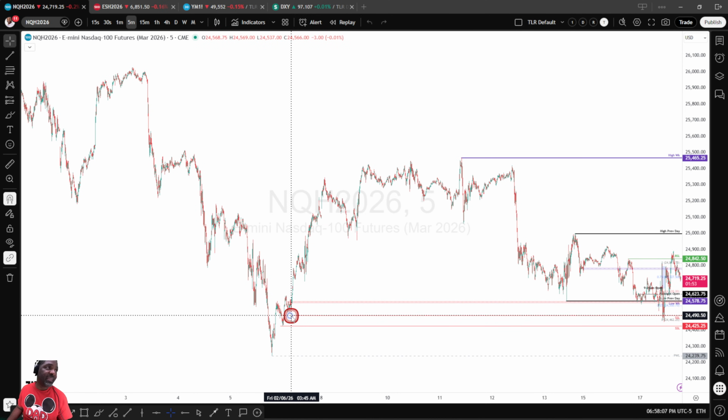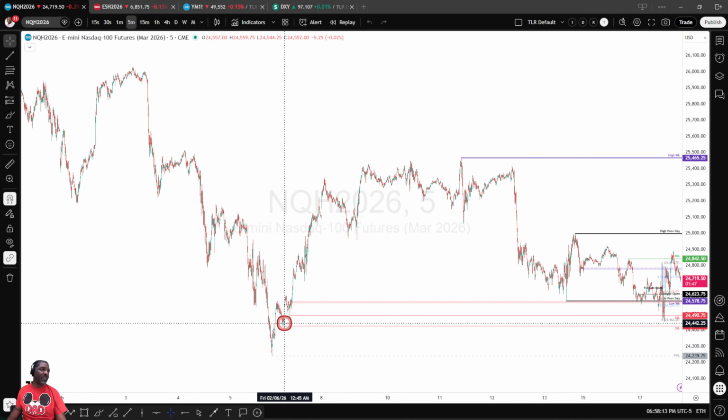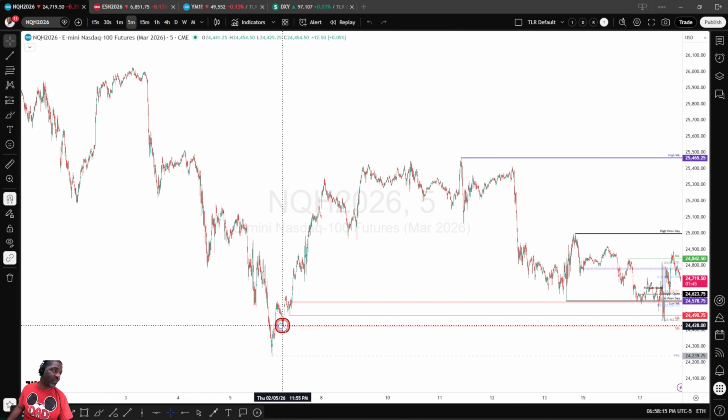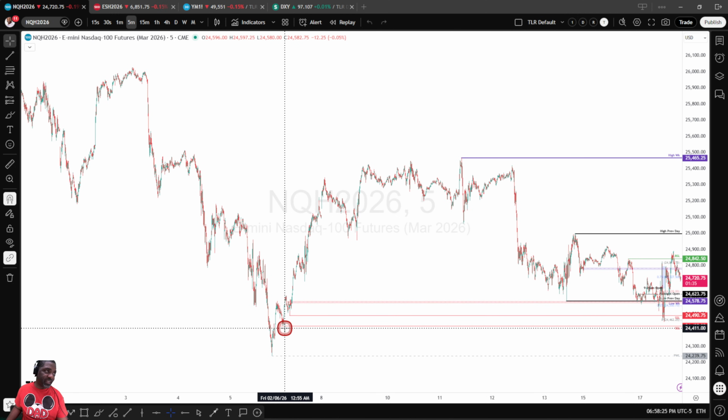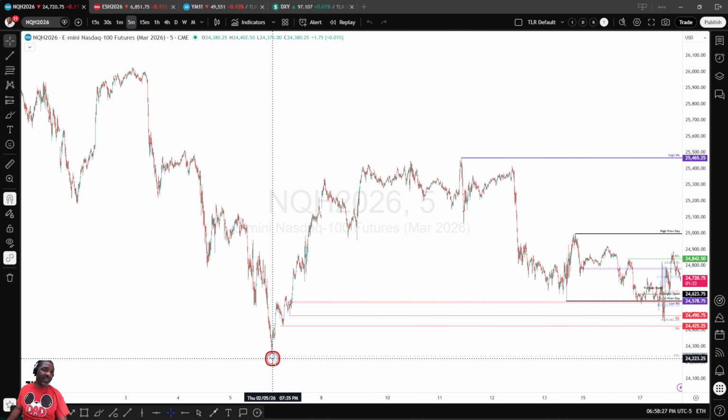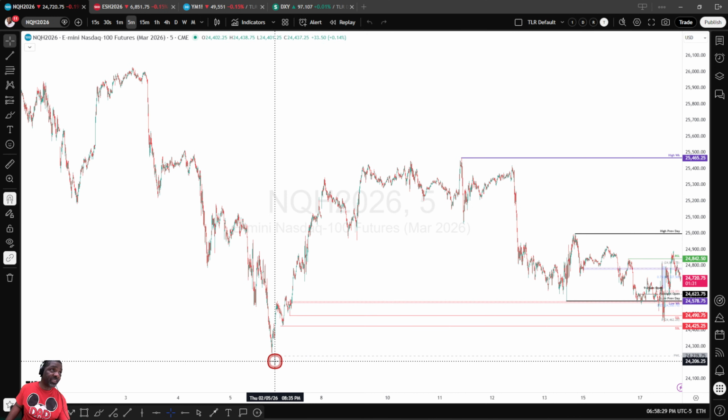That's Friday during London sometime. That's the first liquidity that I had marked. And then we had Thursday, like in the nighttime, during the Asian. That's another one that I had marked. I just put that on there because it was the only other thing from the prior day's low.